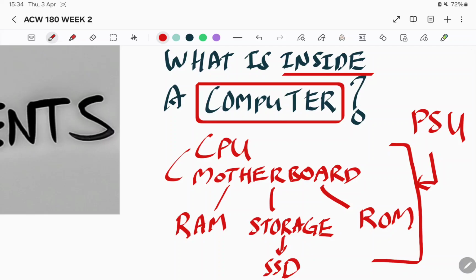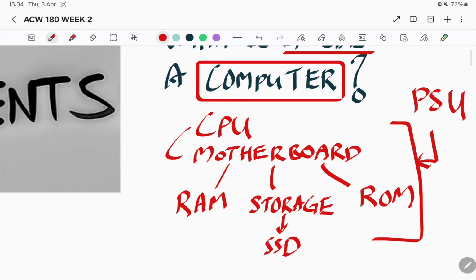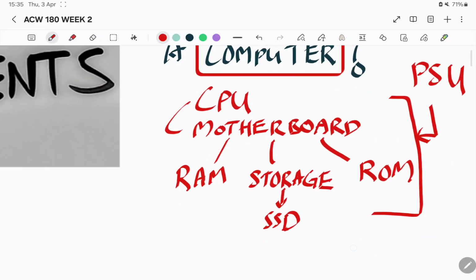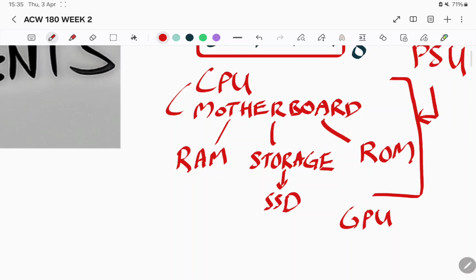If we talk about a higher level computer, then we have the GPU, the graphics processing unit. What more do we have?